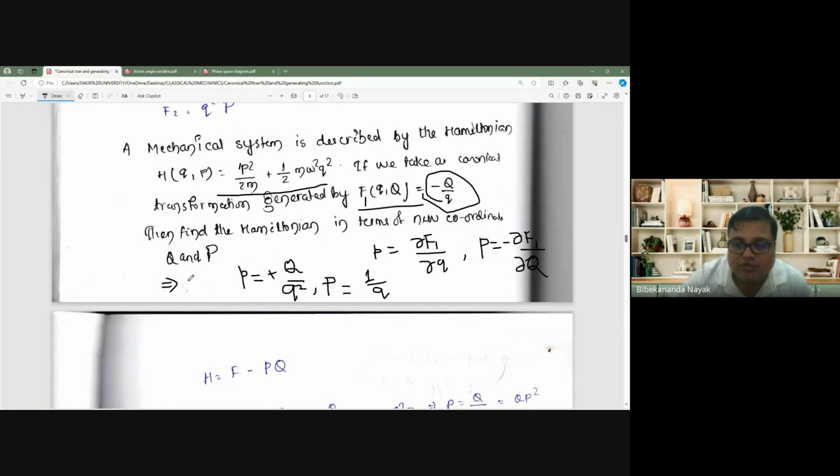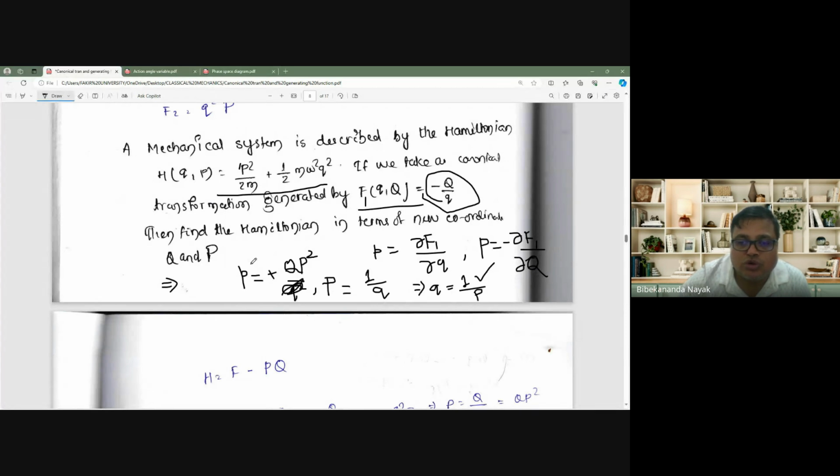Here q is equal to how much? 1 by capital P. So we have to write the Hamiltonian in terms of capital Q and P. Small q is equal to 1 by capital P, and small p is equal to capital Q times P square.